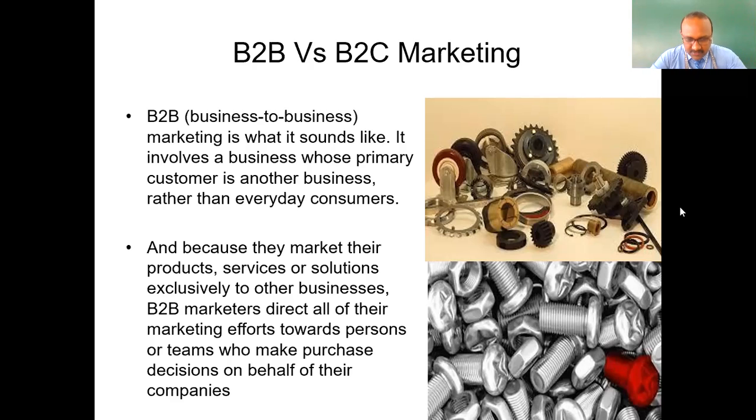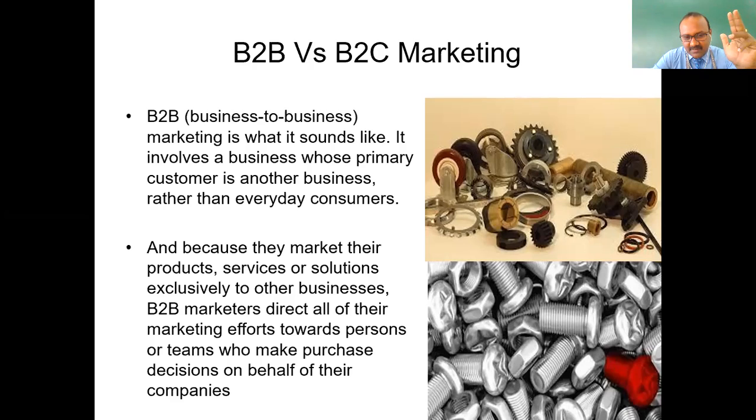In the B2C, it could be an individual or it could be a household purchase. In the B2C, the buying roles are initiator, influencer, decider, buyer, and user. There are just 5 roles in the B2C.